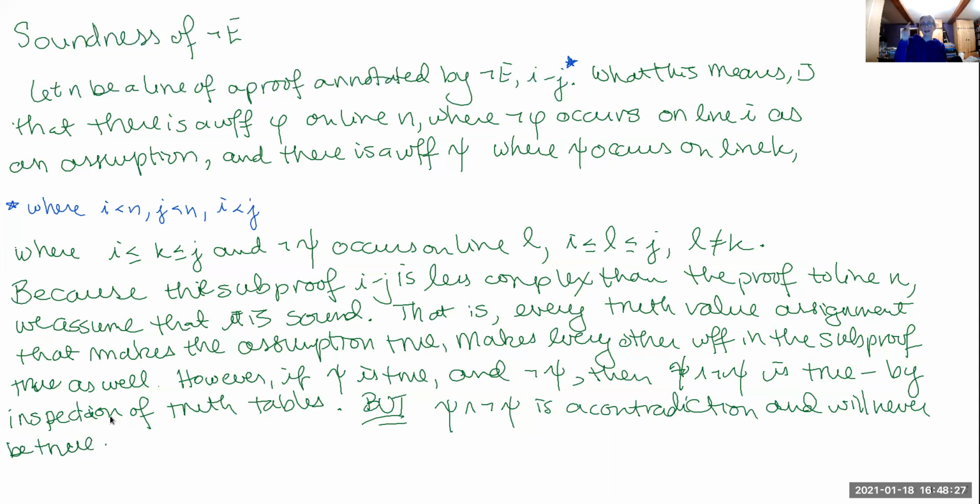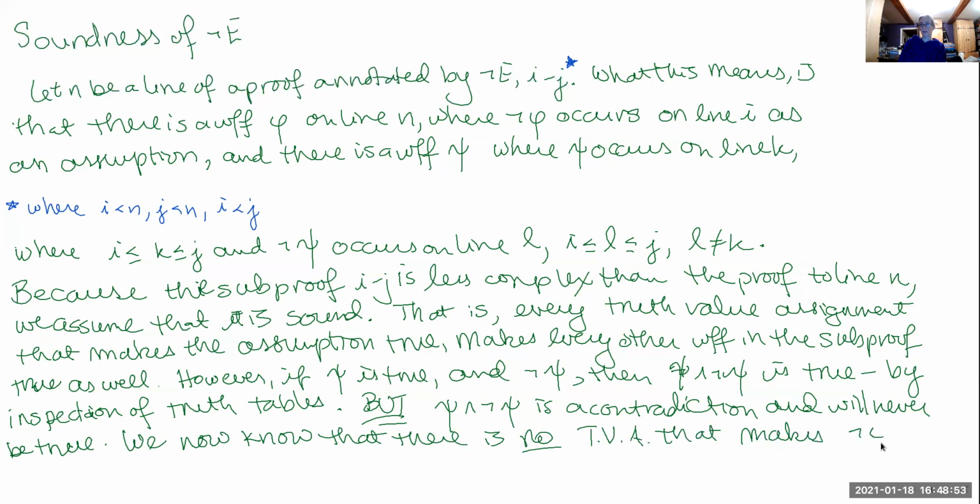So since the truth of the assumption would mean that, on the assumption that the subproof is sound, the contradiction would have to be true as well, we now know that there is no truth value assignment that makes not phi true. Because if there were one, then it would also make a contradiction true, and that you can't have in classical logic. It's one of the things that makes it classical.